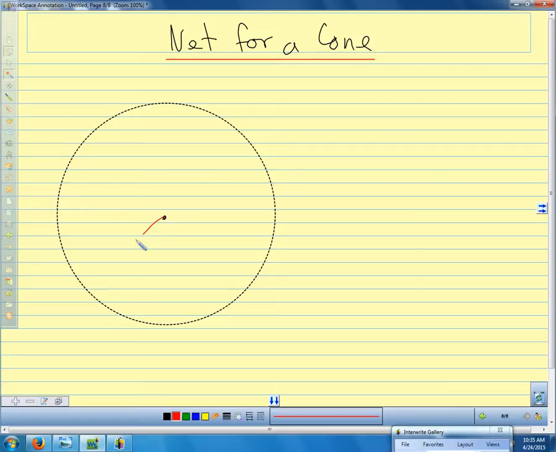So let's say this is the wedge that I cut out. I made my wedge on my drawing here a little smaller. And then the circle that makes up the base of my cone would have to be attached there to make my net. And then when I folded up this wedge, I'd get my cone, and this would pop up and be the base. Well, this base has a radius r.